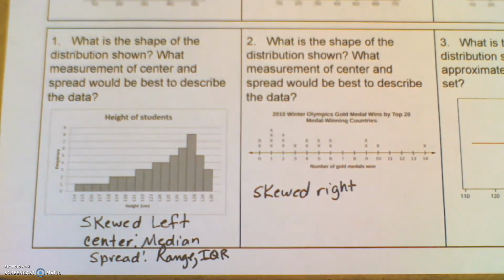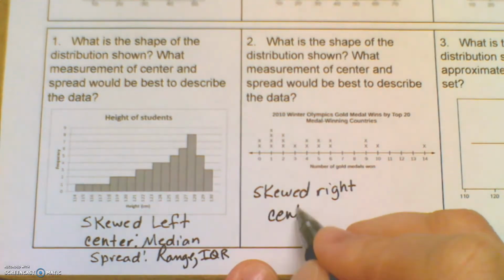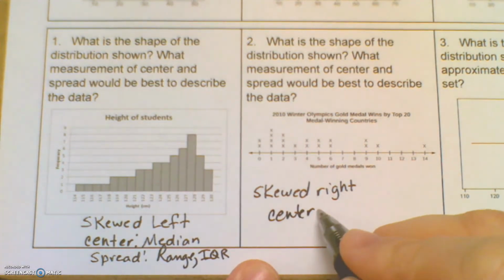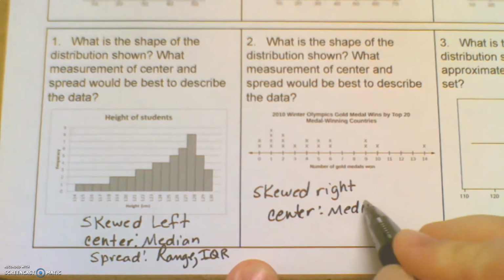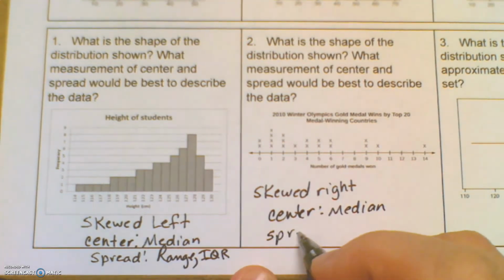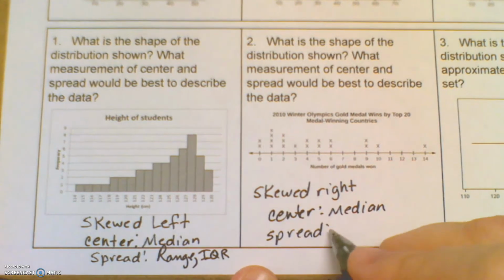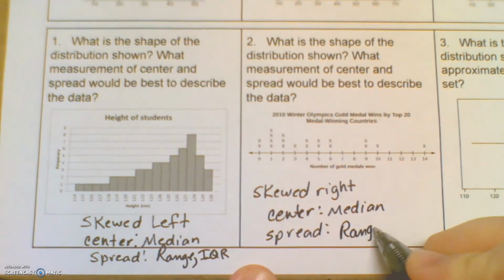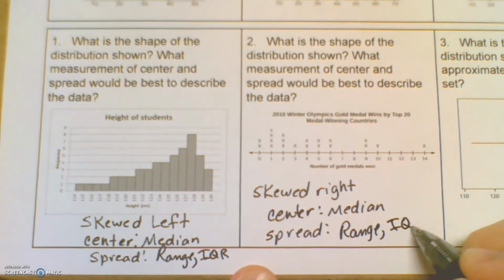What measurement of center and spread would be best to describe the data? For skewed to the right, your center is the median, and your best measure of spread is both the range and your interquartile range.